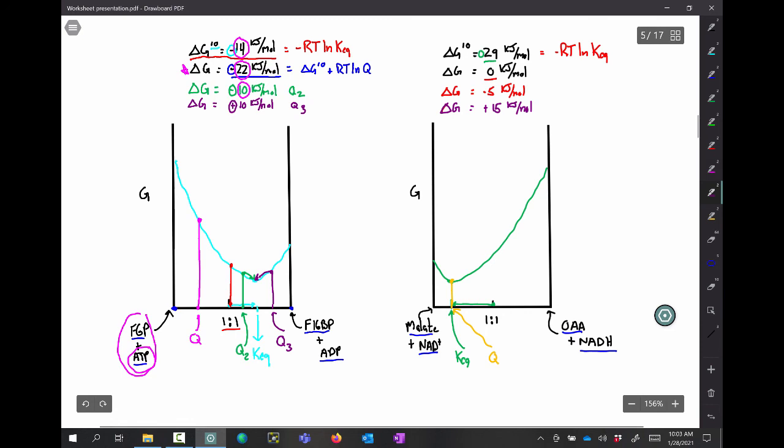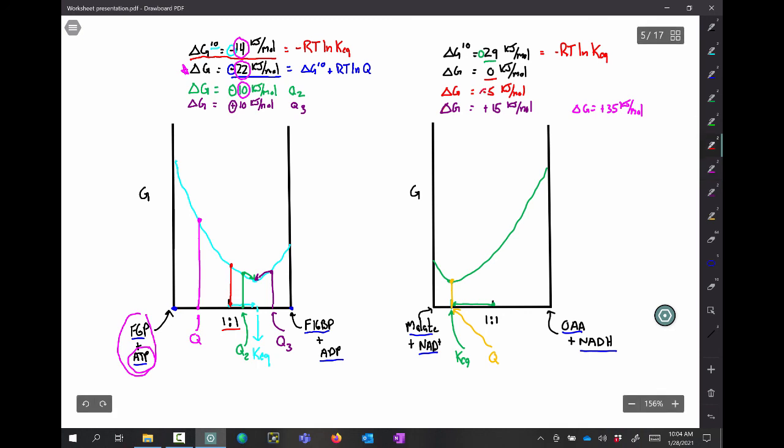And then finally, let's go one more, a delta G that is equal to positive 35 kilojoules per mole. Right? So pause it and find out where those would start. Where would I place Q for those? Right, now that you've done that, let's go ahead and look at these.